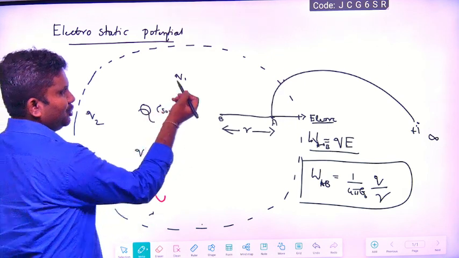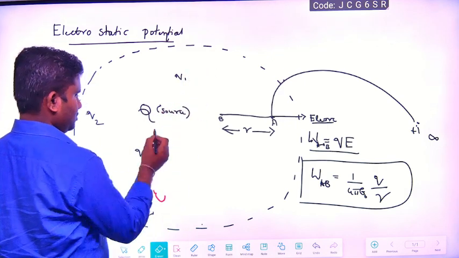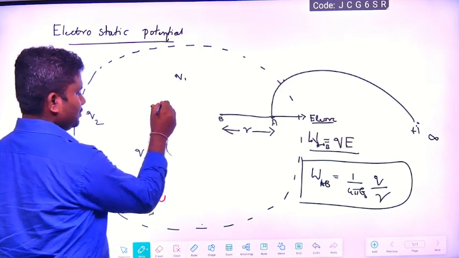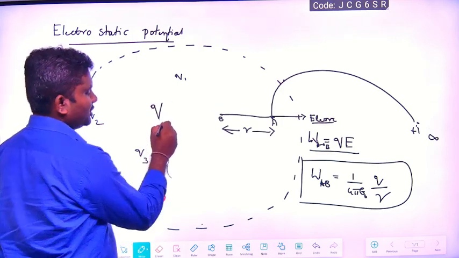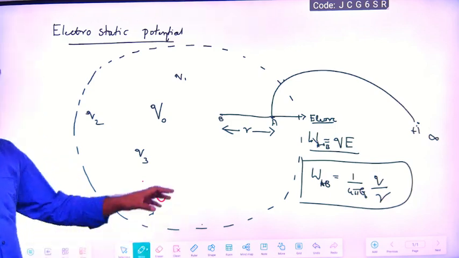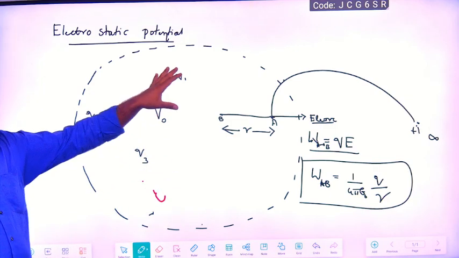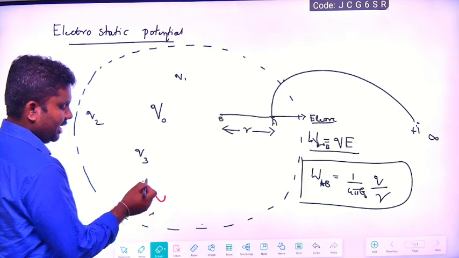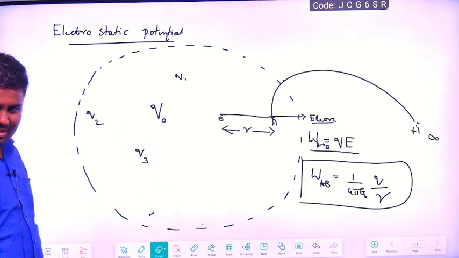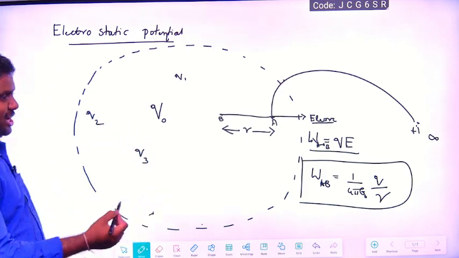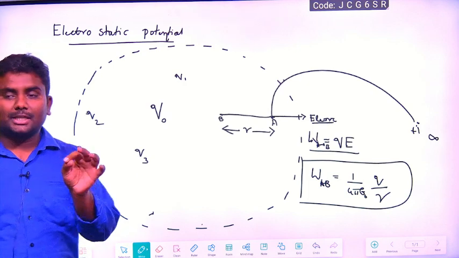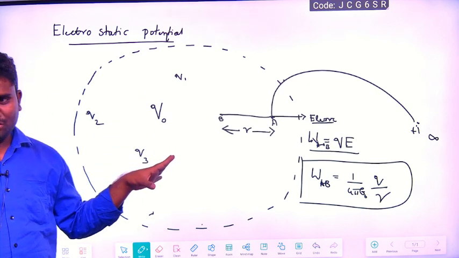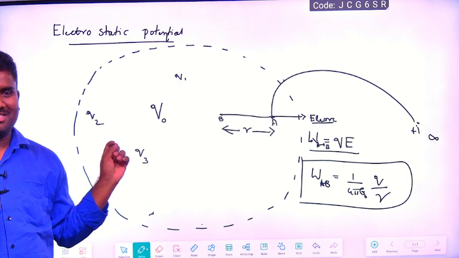Source charge I will write Q or Q naught. Near this charge, I want to bring multiple charges. How many charges did I bring? 3 charges. Correct, right? So if you want to bring multiple charges, you need to do the work for all the charges.